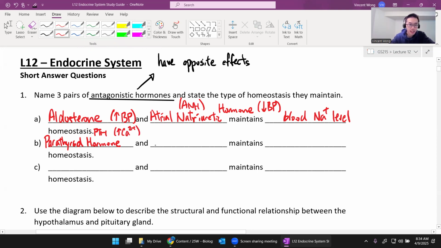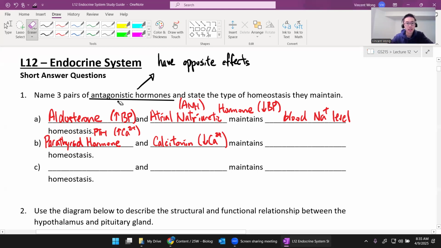And opposing parathyroid hormone is calcitonin, which lowers calcium by putting it in the bones and reducing absorption from the filtrate. So together, these actions would bring the calcium back down.